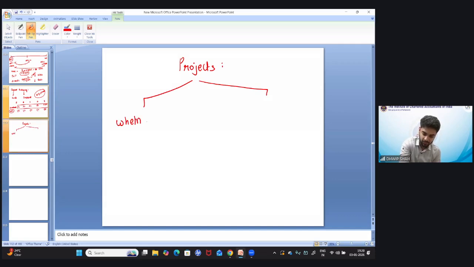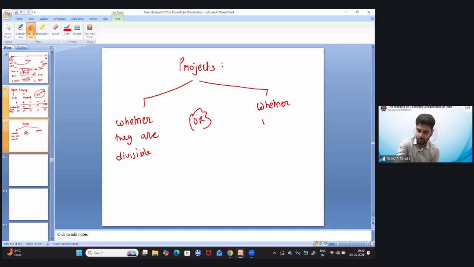Whether they are divisible, or whether they are indivisible. What to check? Check whether the projects are divisible or they are indivisible.